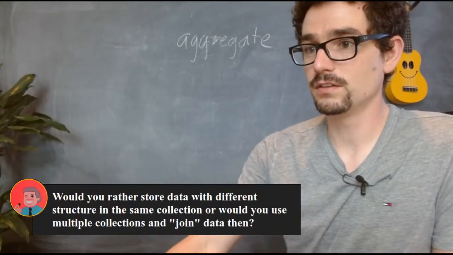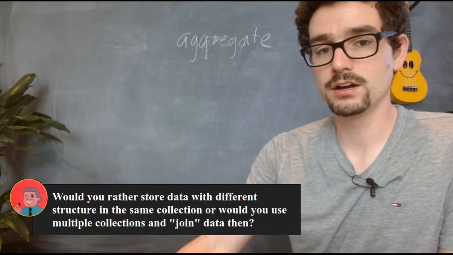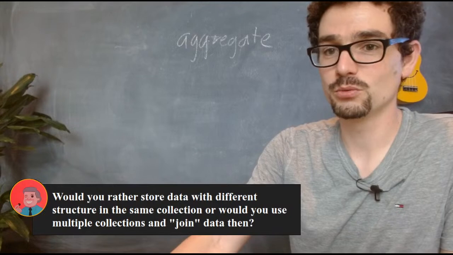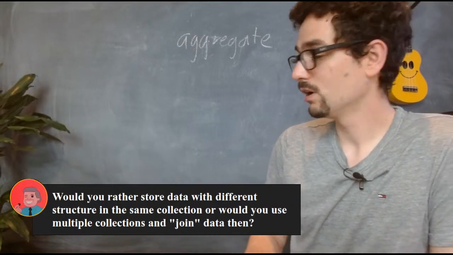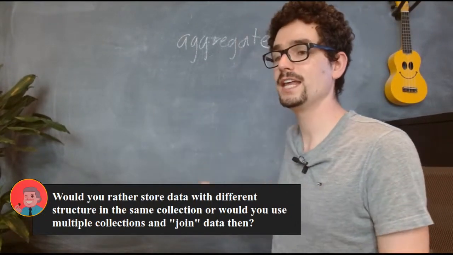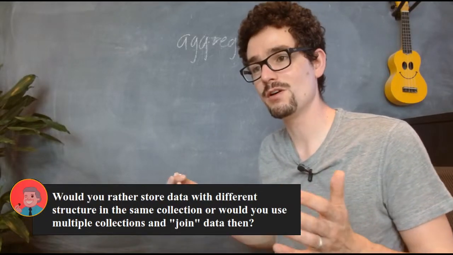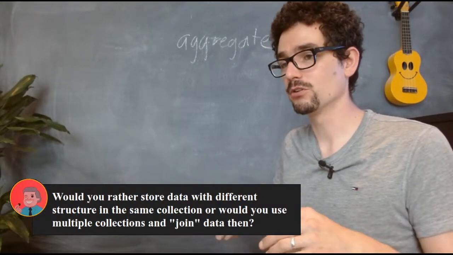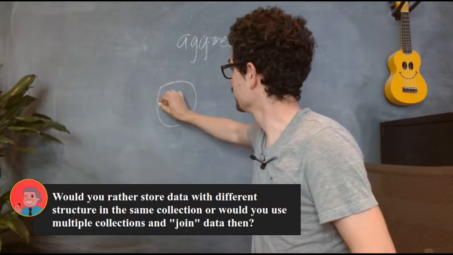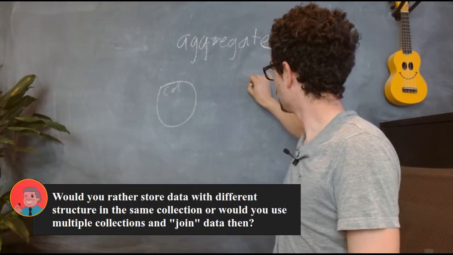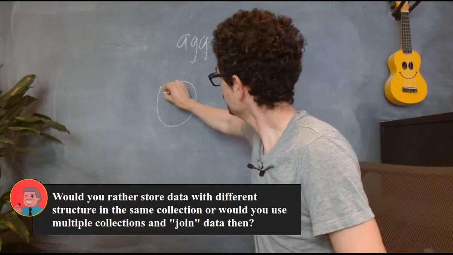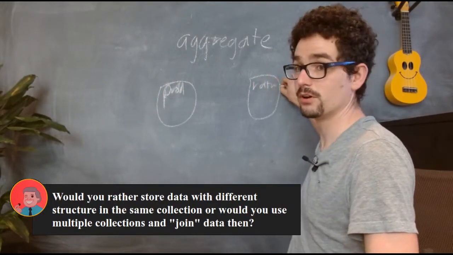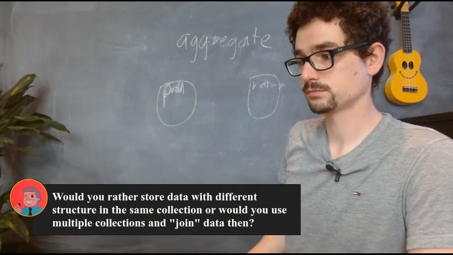And you have to design your documents in a way that you want to query them later. When you have collections which are basically independent from each other and you very rarely need to join them, then this may be a good approach: to store products in this collection and ratings of the products in that collection.